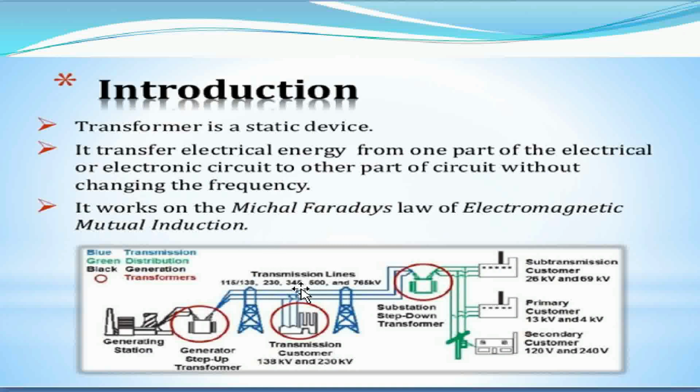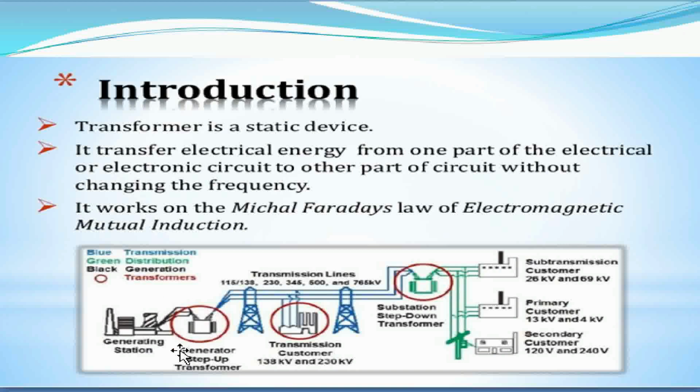At the transmission lines we have 116, 138, 230, 345, 600, 665 and 765 kV. It means that at the transmission level the voltages are in the range of kVs.